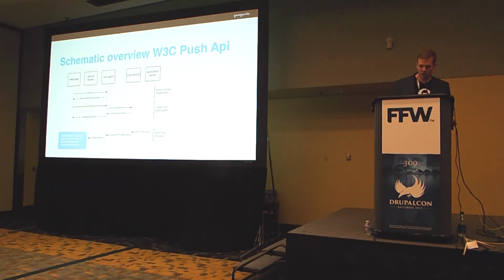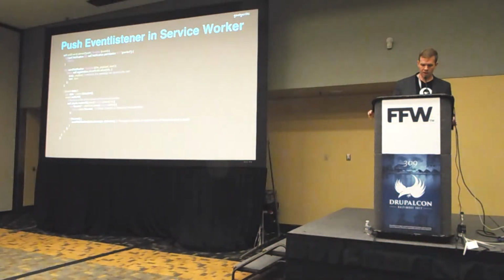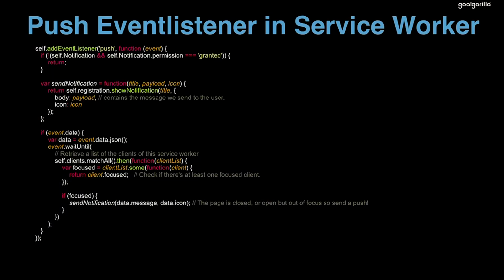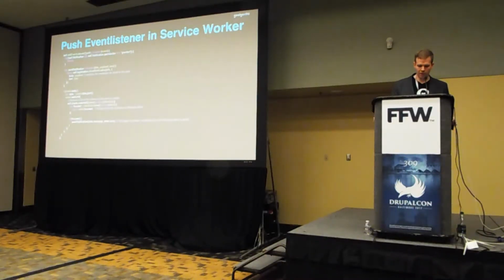If we look at our implementation of the event listener, you see that this is the sw.js, the service worker file. It will just listen to the push event. That's something that the service worker will push towards us. So that's the only thing it does in this case for the push notifications: it listens to the push event, and it will ask the service worker to send the push notification.